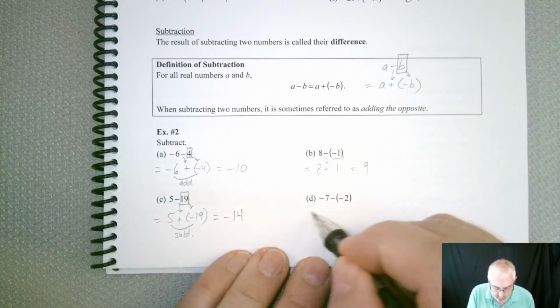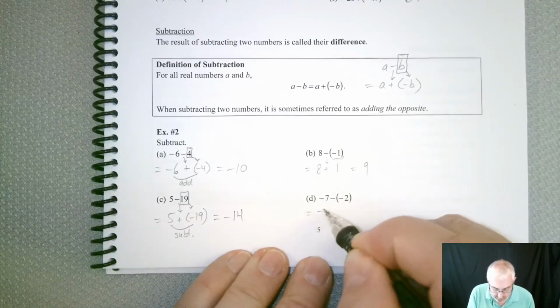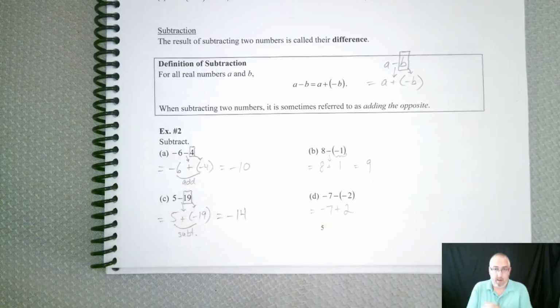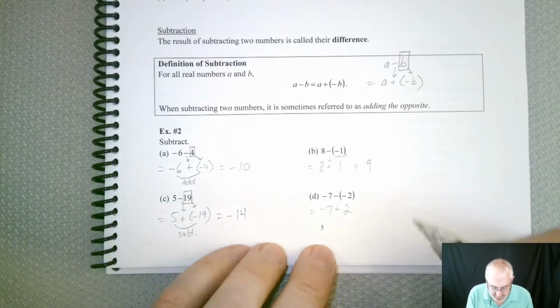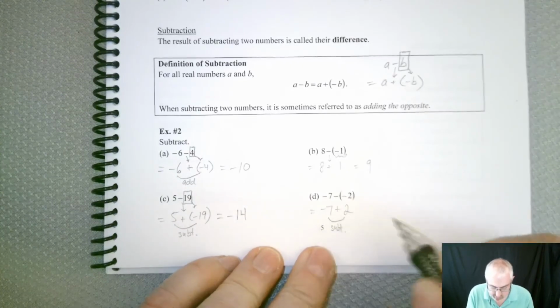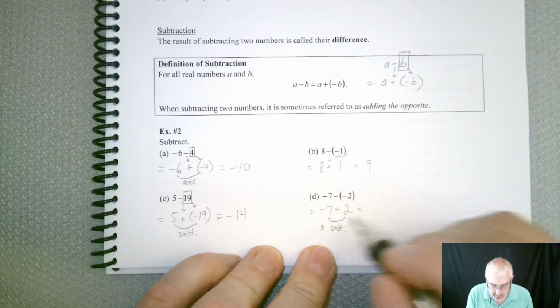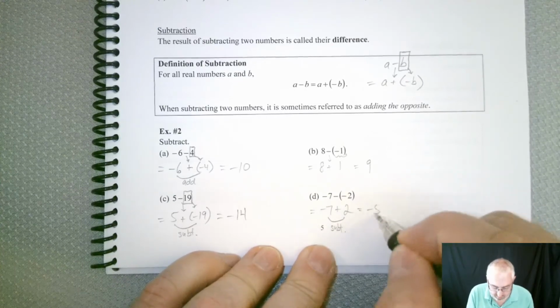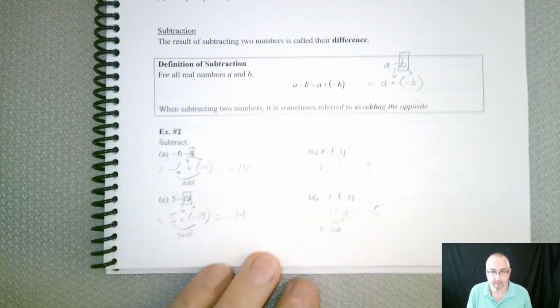All right, let's try one more. Negative 7 plus, and then the negative 2 becomes a positive 2. Eventually you start to get the hang of it, and you don't have to write all these little notes and stuff like that, but until you do, it doesn't hurt. Okay, so this one is going to have to be subtracted because they're different signs, and 7 minus 2 is 5. But it's going to be a negative 5 because the negative 7 is bigger.